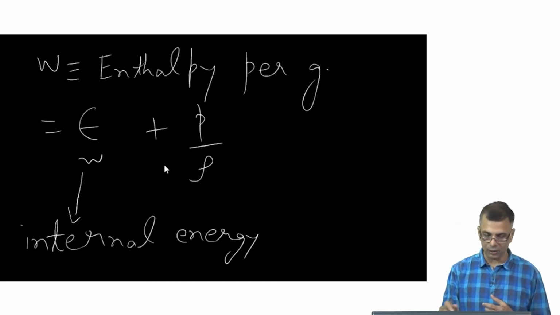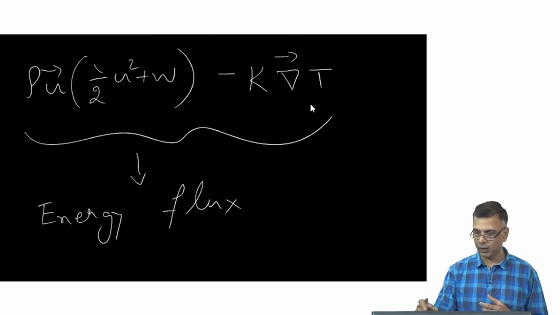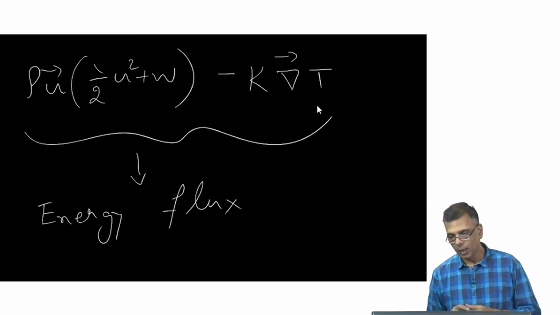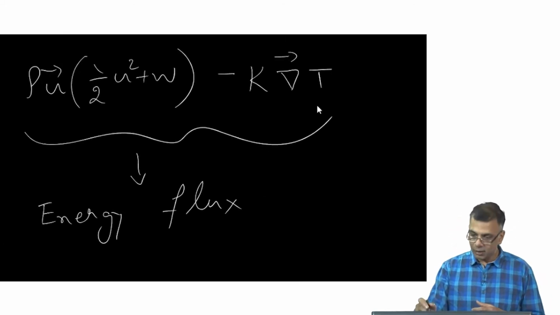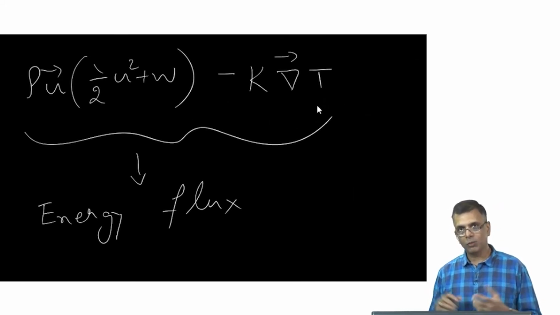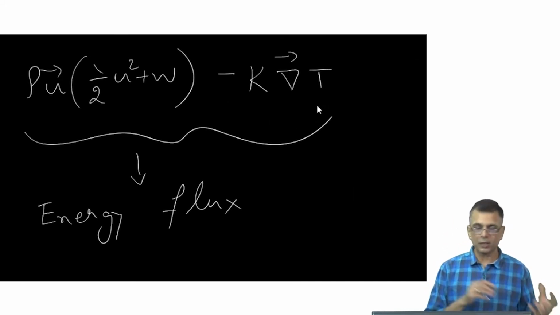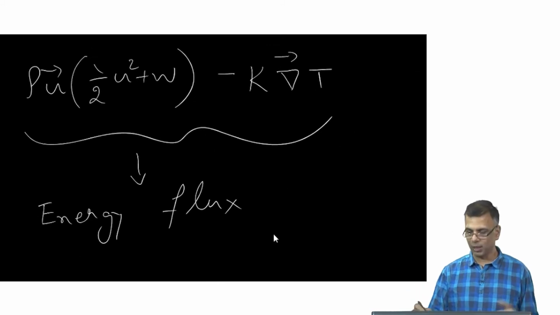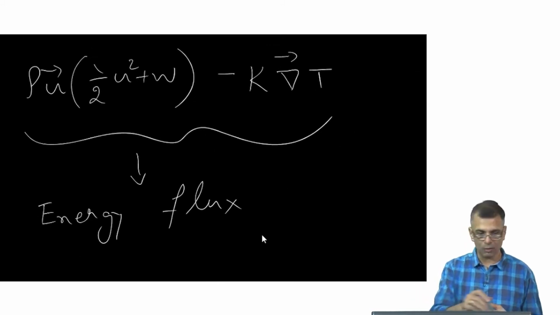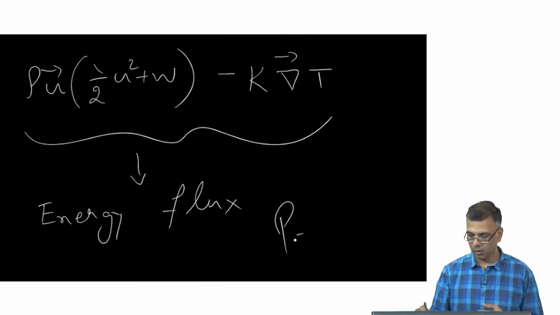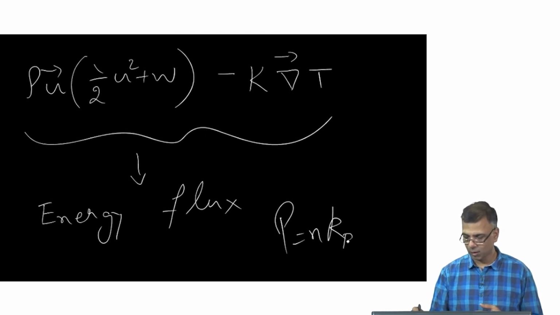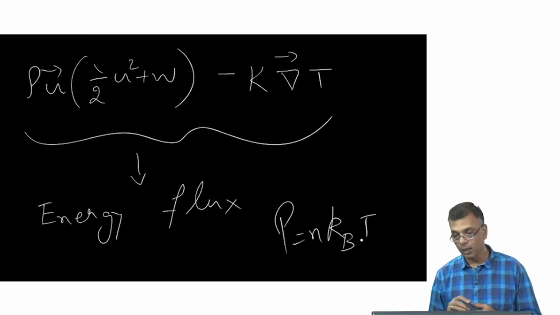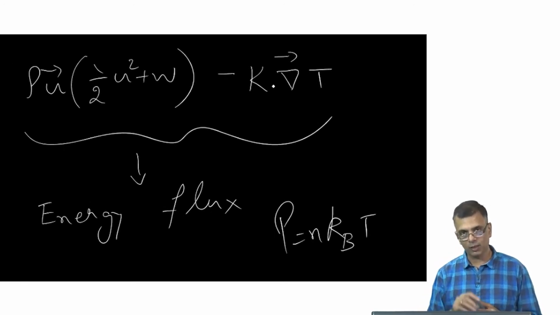Remember, the enthalpy is this, and this quantity that we have written anew, T is the temperature, okay, and you would be relating T to pressure and density using maybe P equals NKT, this kind of a formula. So, this would be the gradient of temperature and this would be the conductivity.